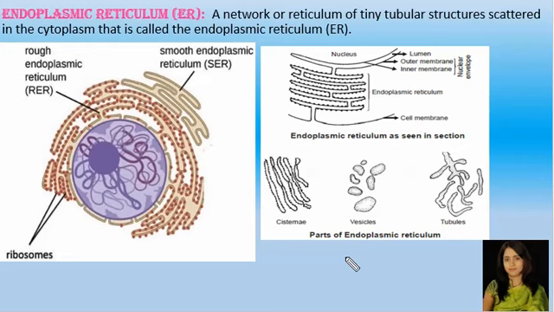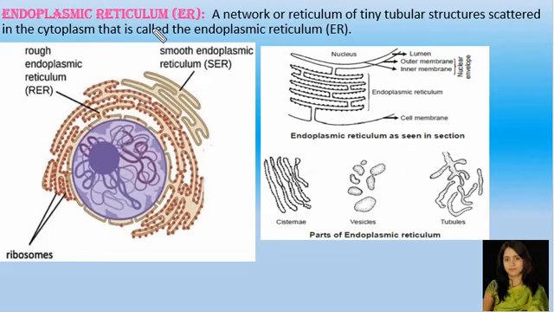The endoplasmic reticulum is a membrane bound organelle. It is present in the cytoplasm of eukaryotic cells. It is absent in prokaryotic cells. The term endoplasmic reticulum means: endo means inside, plasmic means plasma or cytoplasm, reticulum means network-like structure.